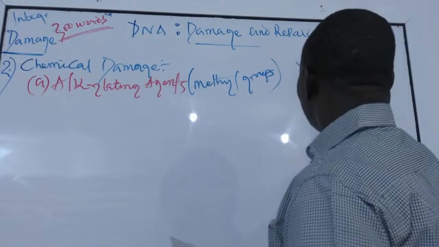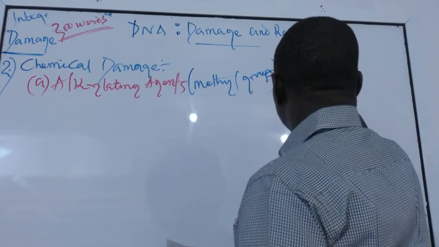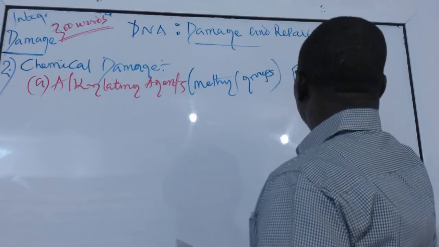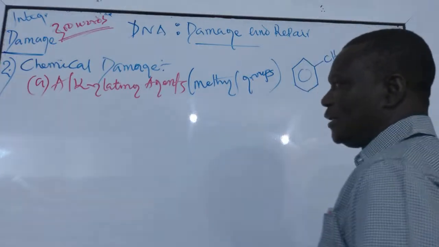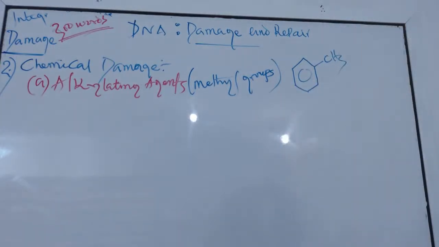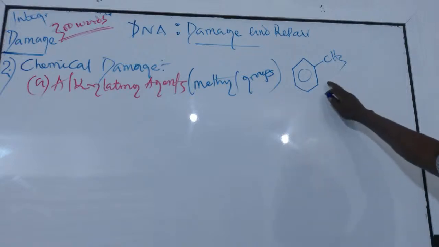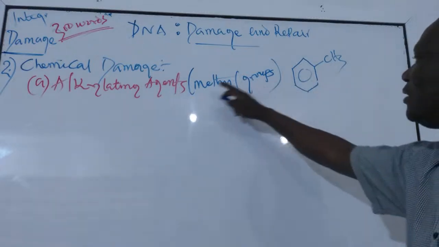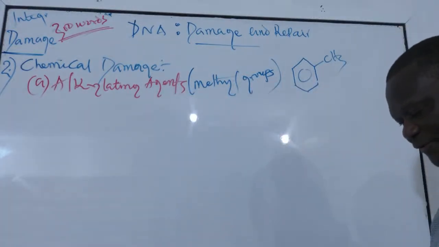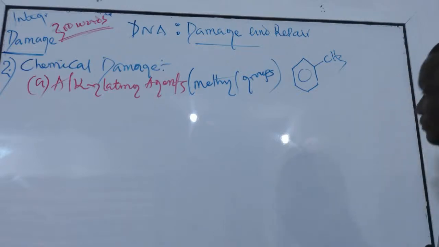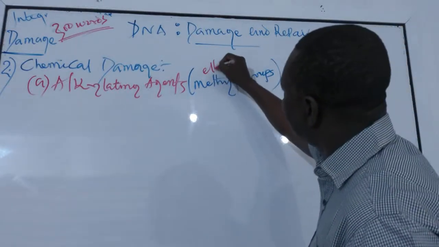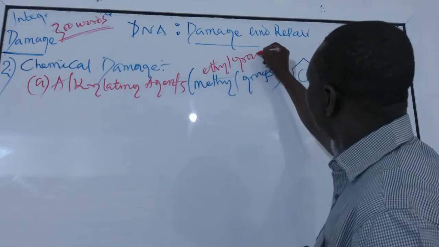For example, if you have a benzene like this and you have CH3, you don't need anybody to tell you: all the compounds that are methyl-yielding compounds will be classified as alkylating agents. Not only that, methyl group or ethyl group type.